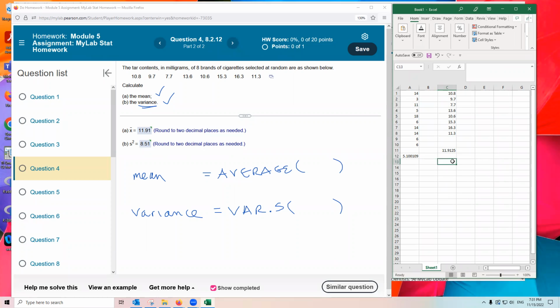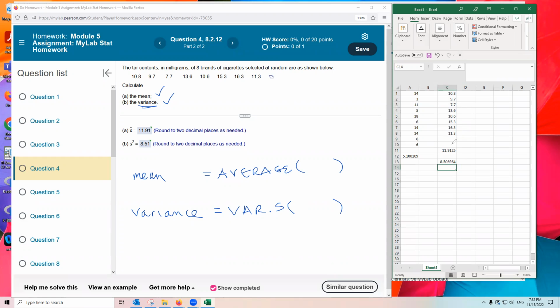And let's do the variance. I'm going to type in equals var.s. Here's a little shortcut. Rather than typing in the names of the cells, I could just come here with my mouse and highlight the cells of interest, and Excel will automatically populate the cell numbers. In this case, it was C1 to C8. So here's the variance. It looks like it's 8.51.